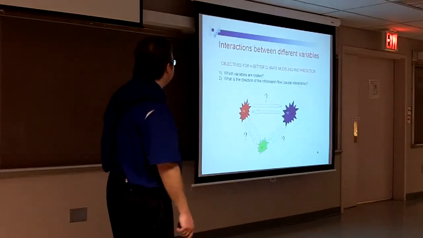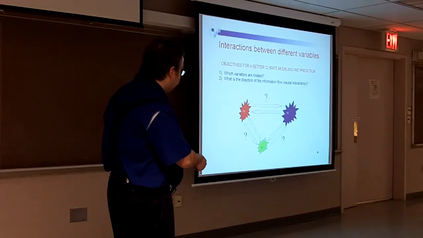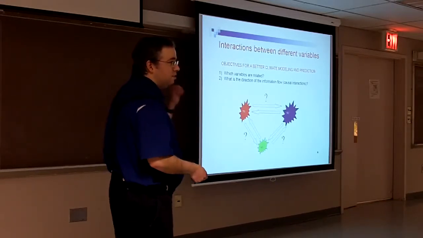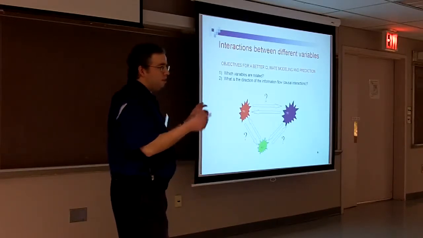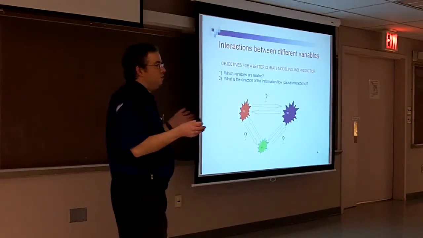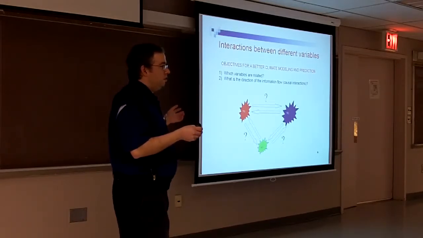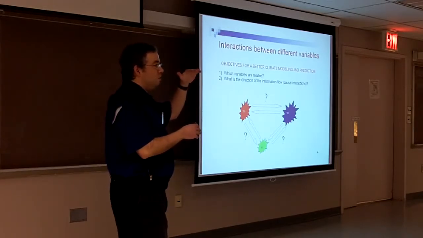So let's say we have three variables, and how can we estimate the relationships using directionality. That's the ultimate goal. We can estimate the relationships using traditional methods like correlation analysis. Everyone knows that. Or if you go a little bit one step higher, using mutual information.